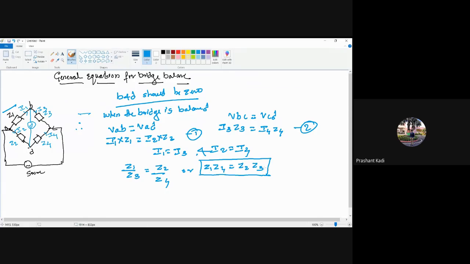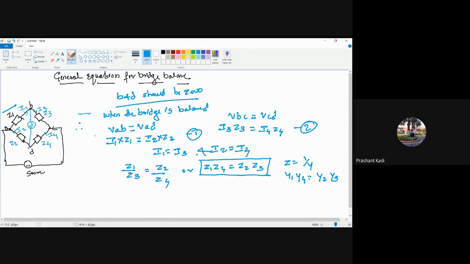Or if we write it in terms of admittance, admittance is nothing but 1 by Z, or Z equals 1 by Y. So it will be Y1 Y4 equals Y2 Y3. Look at the equation we got for a balanced bridge circuit: Z1 Z4 equals Z2 Z3.